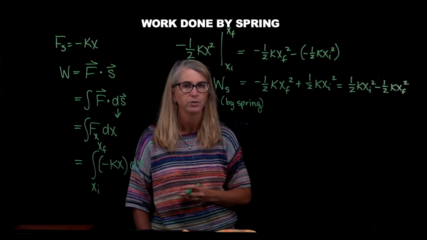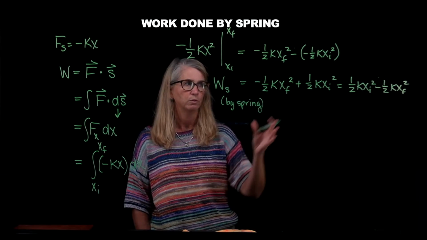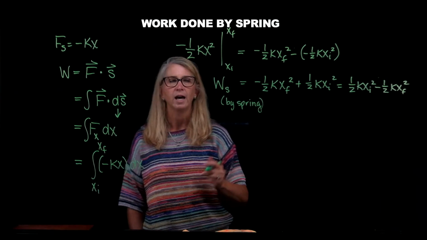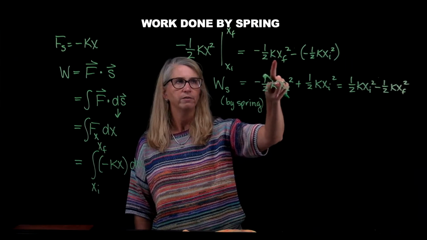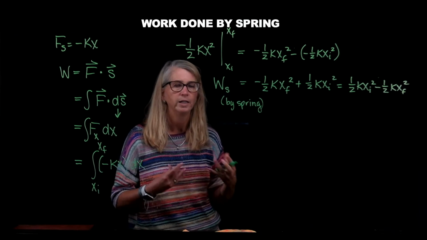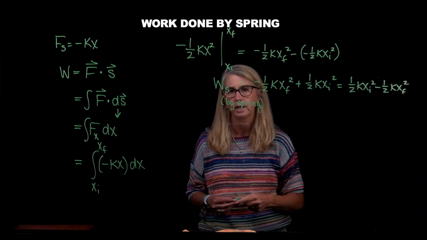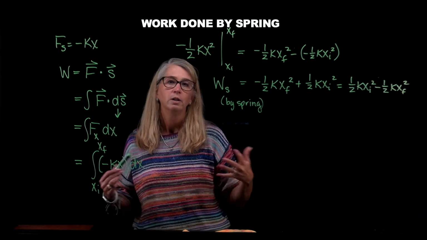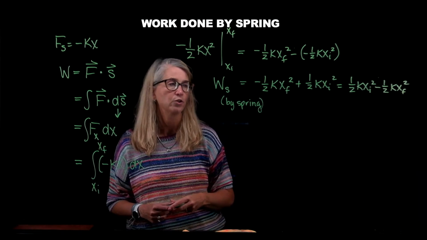But in any case, we will have to remember that the sign of the final is negative and the sign of the initial is positive. And it's the work done by the spring as we go from some initial position to some final position.